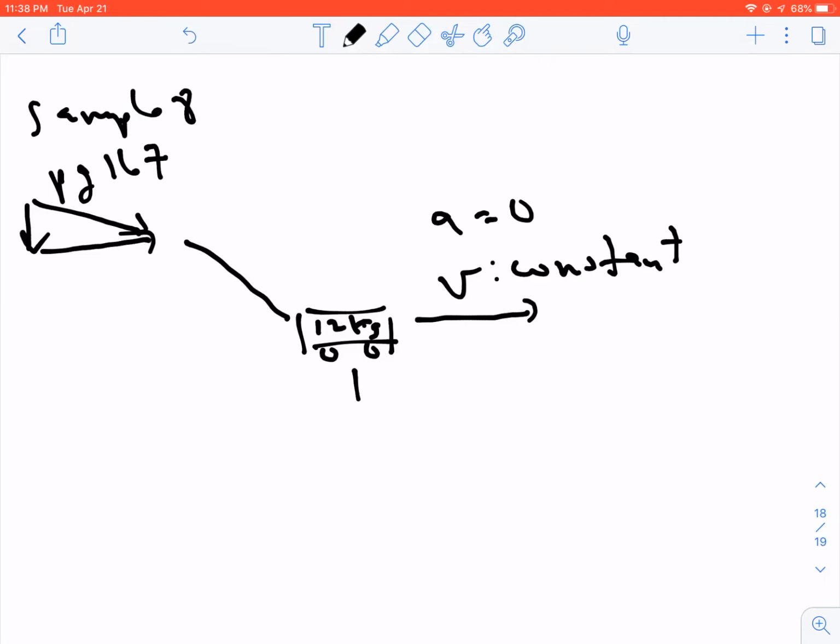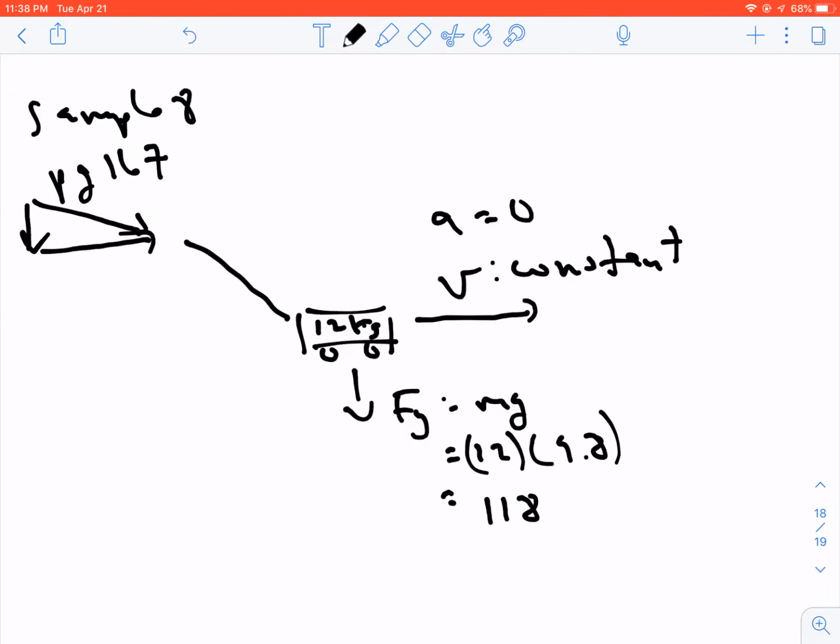Now, what I also know is that there's a normal force, a gravitational force here. You can almost always just put your gravitational force in before you do anything else. I'm getting 118 newtons of gravitational force. Remember, the question told me how much horizontal and how much vertical force there is.